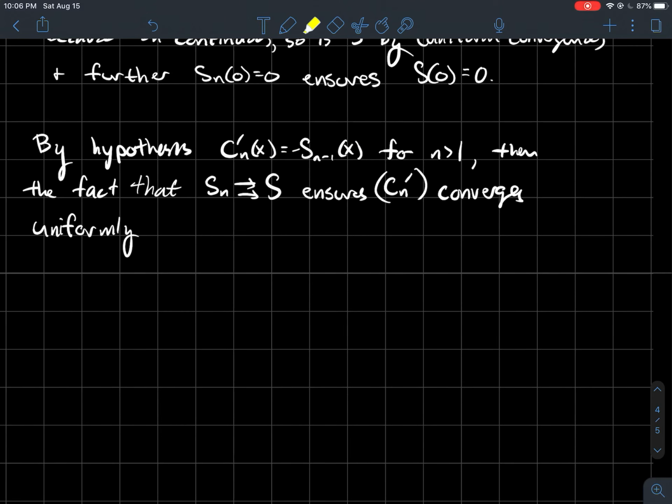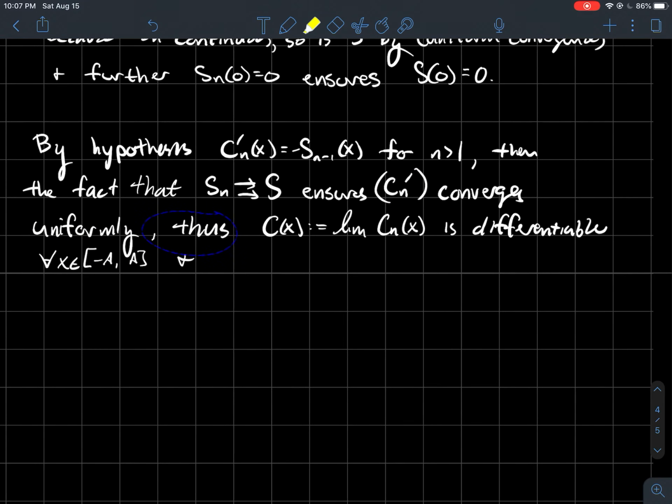Okay, so moving down to here, sorry, scrolling a lot. So what do we know? Well, I know that the Sn's converge uniformly to S. That says that the derivatives of Cn converge uniformly. And remember, when I looked at the interchange of limits for differentiable functions, we needed that extra hypothesis that the limit of the derivatives also had to converge uniformly. Well, they do. So that justifies that because C is the limit of the Cn's, C is differentiable.